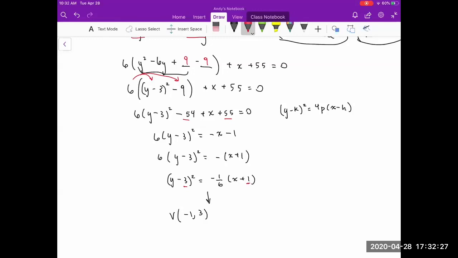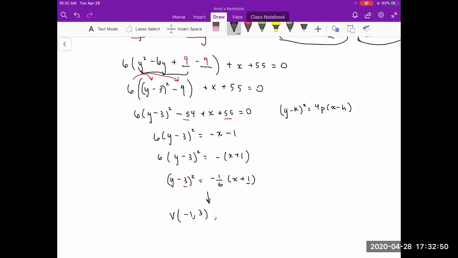Notice y minus k, in this case we have y minus 3, so k is 3. It's the same thing as changing the sign of negative 3 to positive 3 for the y value. Similarly, x plus 1 is the same as x minus negative 1. So if you change the sign of positive 1 to negative 1 for the x value, you get that for the vertex.